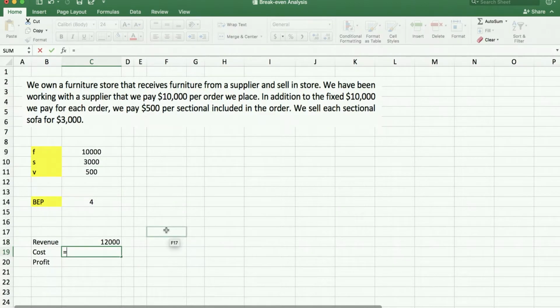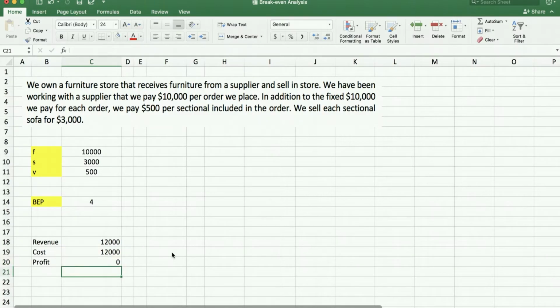And following the same methodology, the cost is $500 times 4, which is the break-even, plus the fixed cost of $10,000. And if you subtract the cost from revenue, that will give you the profit, which is equal to 0. So what I want to show you is, we know that at break-even point of 4 sectional sofas, we are making $0 profit and we are losing $0.